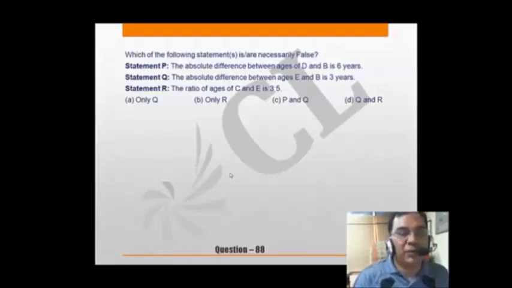Definitely statement R is false because nobody is aged 3 years old. So therefore R is false.